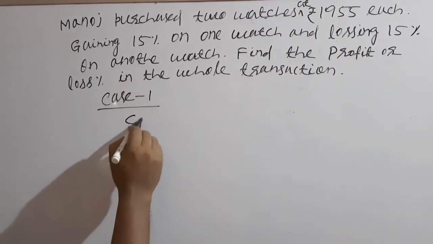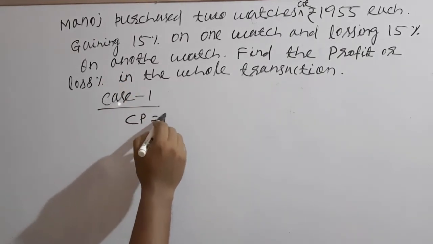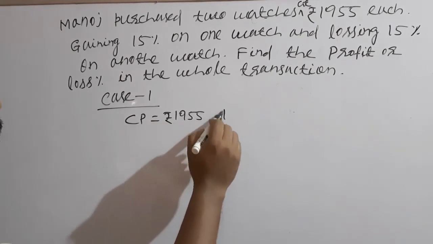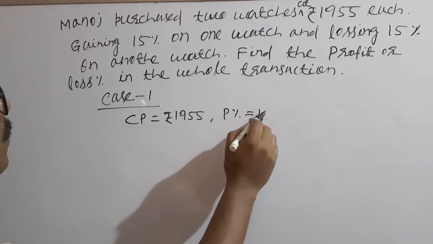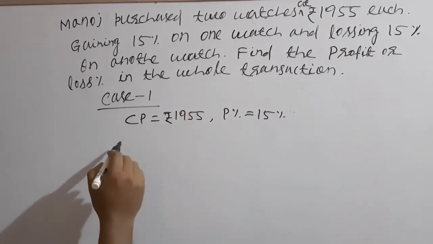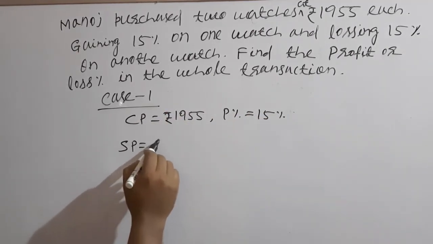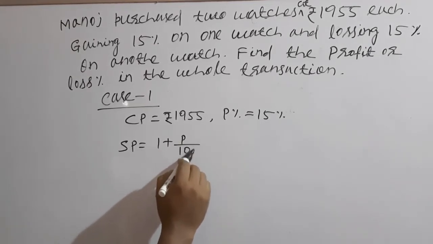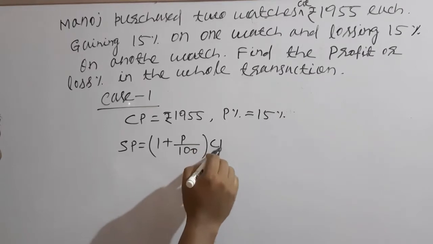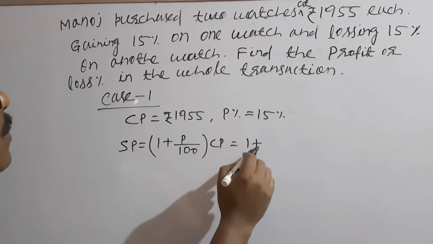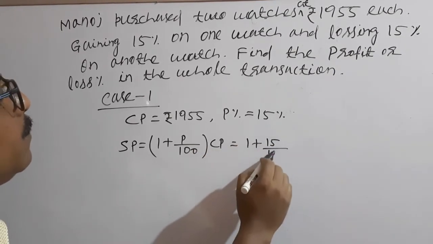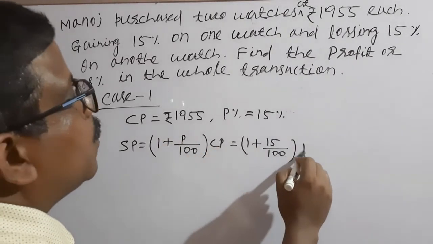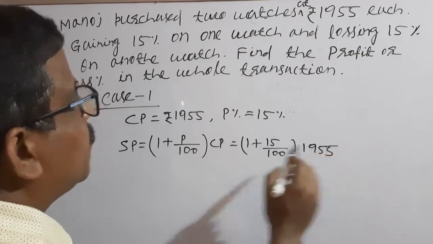Here CP is given as rupees 1955 and profit percentage is given as 15%. So the formula: SP is equal to 1 plus profit by 100 into CP. So 1 plus 15 by 100 into CP, which is given as 1955.